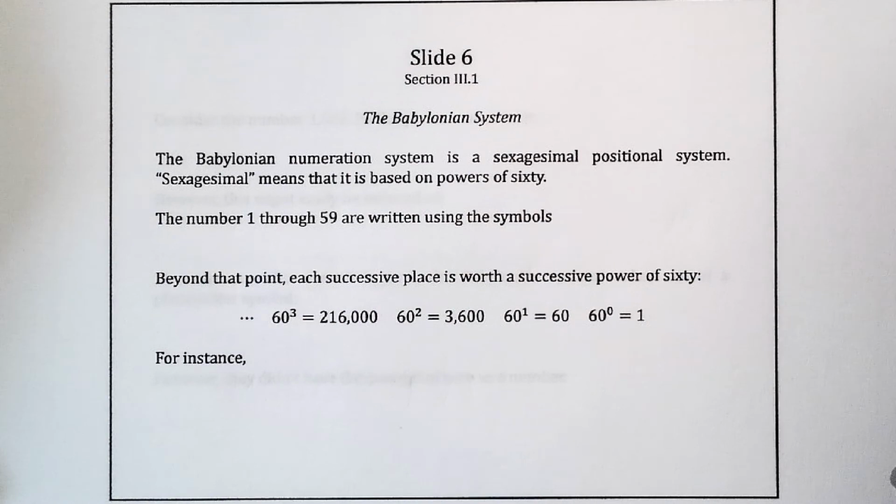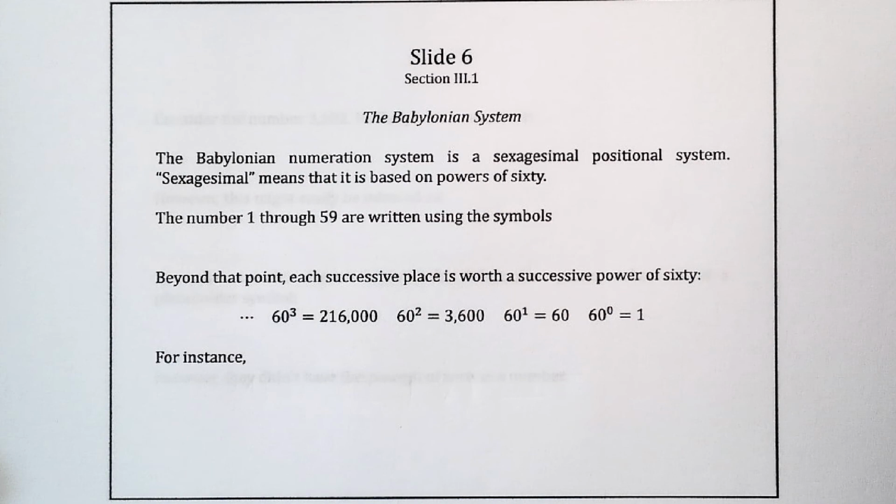And unlike the previous two systems, which were based on powers of 10, the Babylonian system is what we call a sexagesimal system. The word sexagesimal means that it's based on powers of 60. So instead of being based on 10s, it was based on 60s, which might seem kind of strange, but there were probably some good reasons for that.